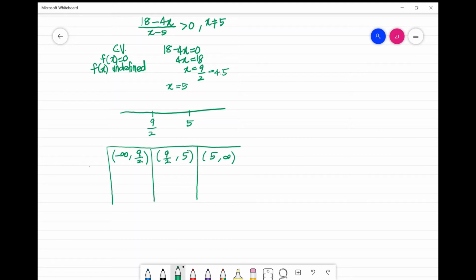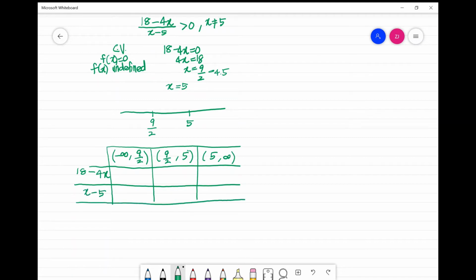And we bring the linear factors down: 18 minus 4x and x minus 5. And the conclusion.